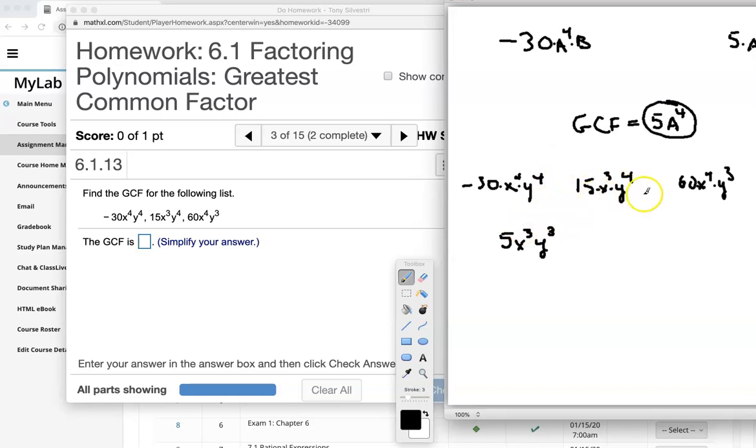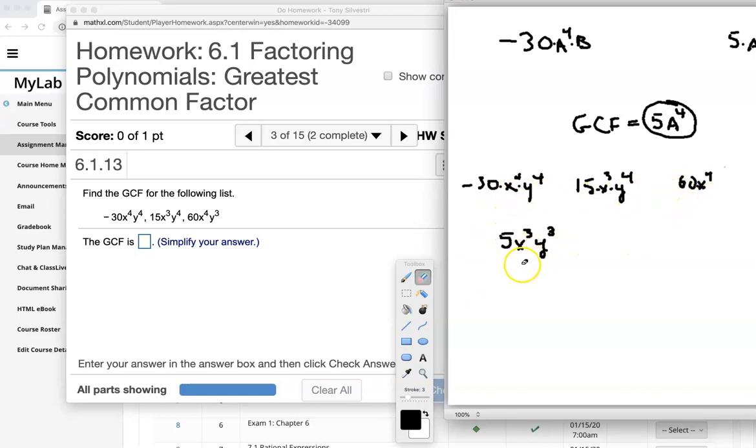Now, let me just say, for instance, pretend there was no y over here. Let me erase that. Pretend that was the original problem. 5 would still work of the numbers.